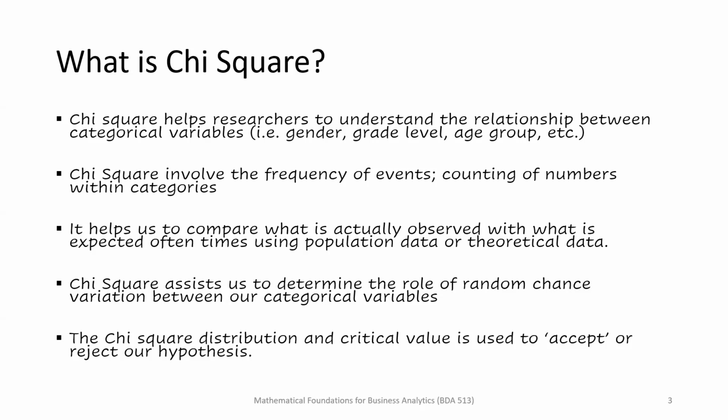So when we look at two categorical variables, we can ask whether the variation happening within them is a result of random chance, or could it be that there is something more than chance happening?